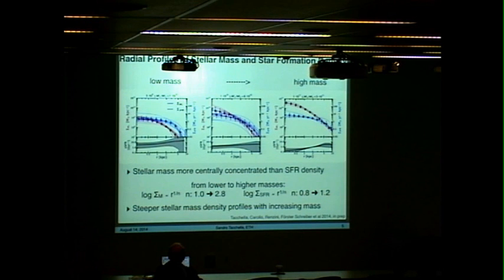We can quantify this by fitting a simple Sersic law to these profiles, and we find that the Sersic index varies from about 1 to 2.8 for the stellar mass profiles, from lower to higher masses, and we find a Sersic index from 0.8 to 1.2 for the star formation rate density profiles. So you can see indeed that the stellar mass profiles are steeper, and they are especially steeper when you go to the higher mass galaxies.